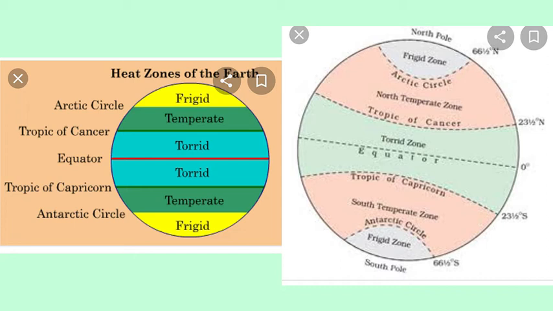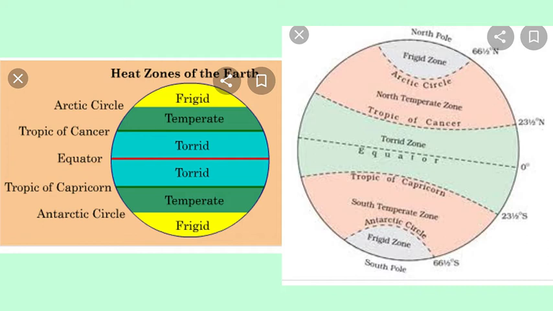So due to the vertical position of the sunlight in this torrid zone, the earth's surface gets more heated up here. Clear? So the first point, torrid zone, is very important.